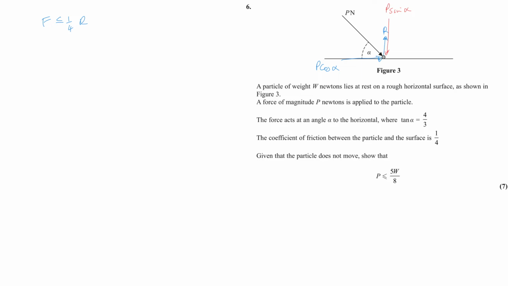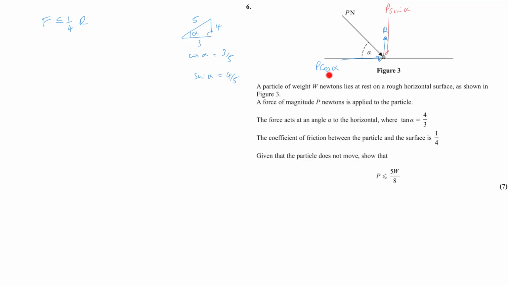But if you look at it, tan alpha is 4/3, opposite over adjacent. So this has got to be 5. So cos alpha is 3/5, and sine alpha is 4/5.